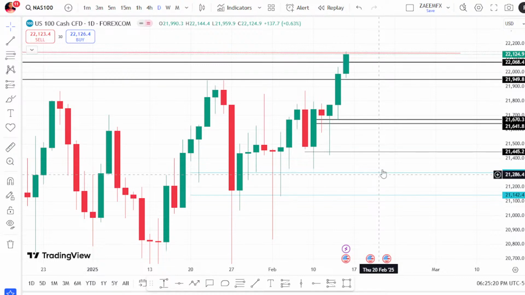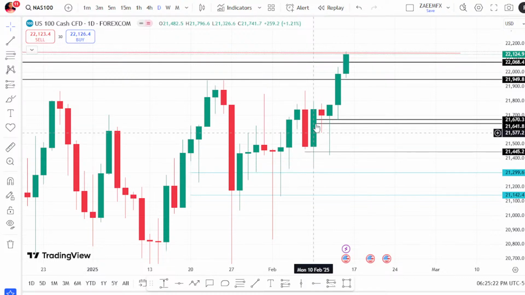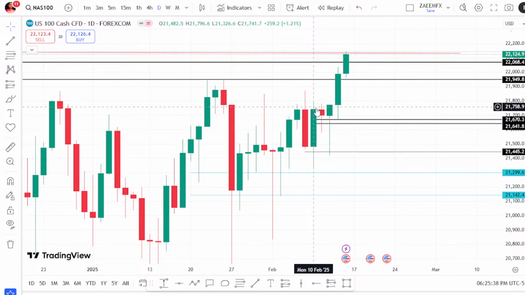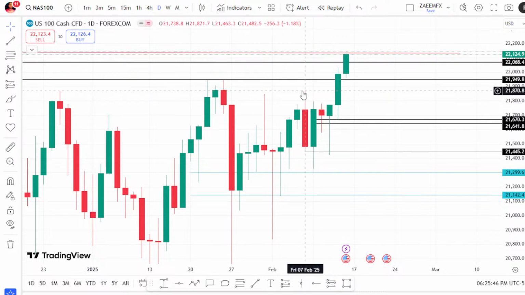Once Monday's candle closed, this now gave me the idea that on Tuesday price would continue going higher. I just know because look at what happened here. This candle alone has already given an indication that the next candle will likely go into this high.